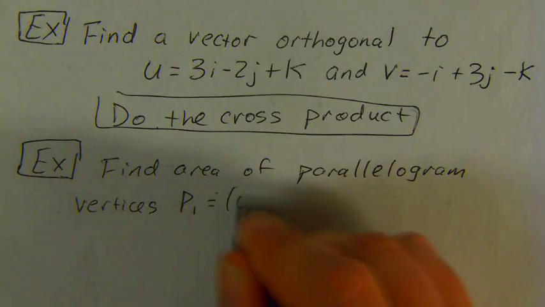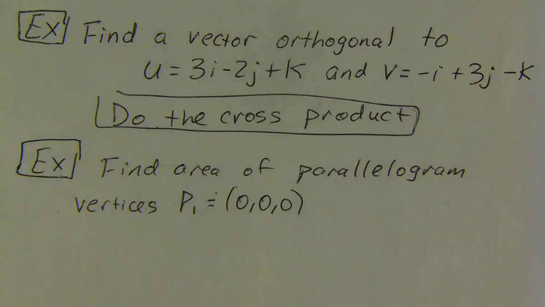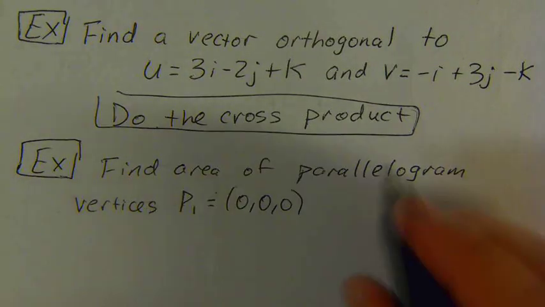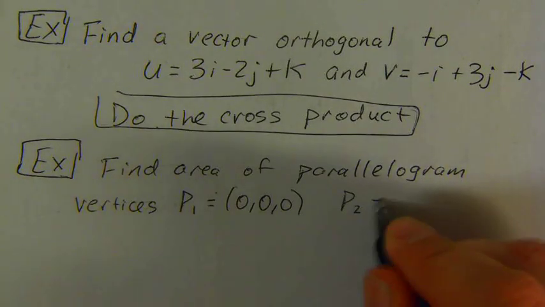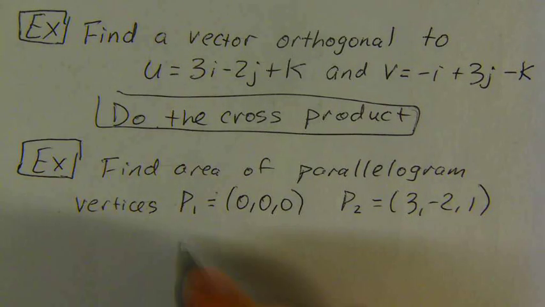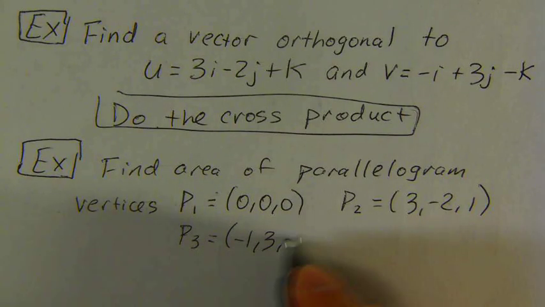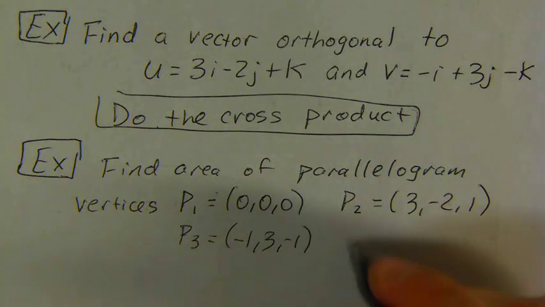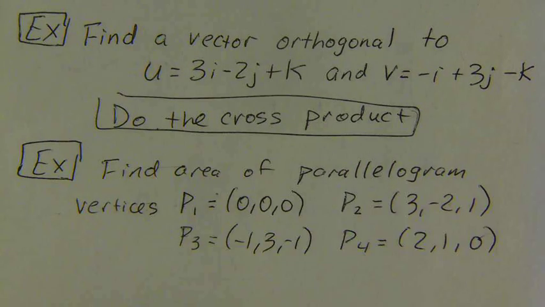P1 is the point 0, 0, 0. P2 is the point 3, negative 2, 1. P3 is negative 1, 3, negative 1. And P4 is 2, 1, 0.